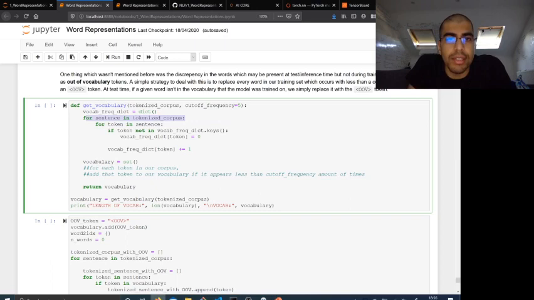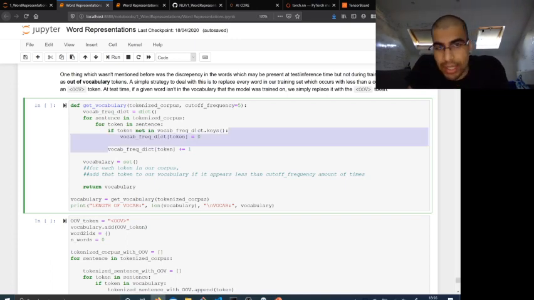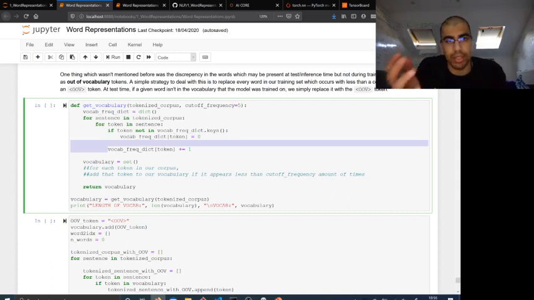So for every sentence in our tokenized corpus and for every token in our sentence, if that token does not appear in the dictionary, then we're going to add it and initialize it as 0. Then we're going to have this next line, which is going to add 1. So that means we've seen this word 1 time.